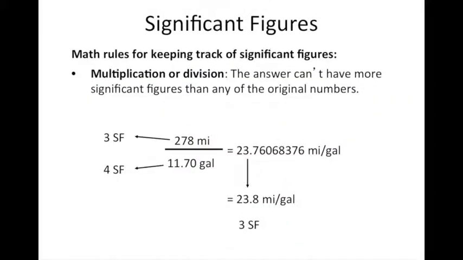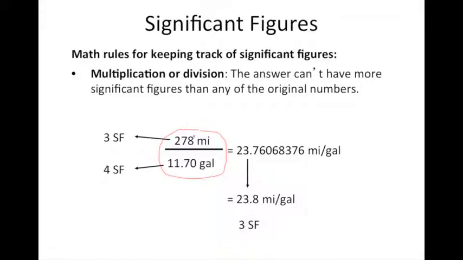Okay, so let's take a look at the rules for multiplication and division and how to determine the number of sig figs in an answer when we multiply or divide something. Let's say we were performing this operation here. We were calculating miles per gallon, and your vehicle went 278 miles and it took 11.70 gallons.